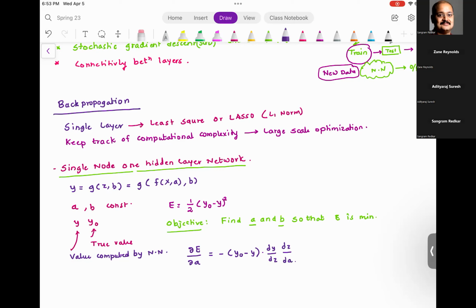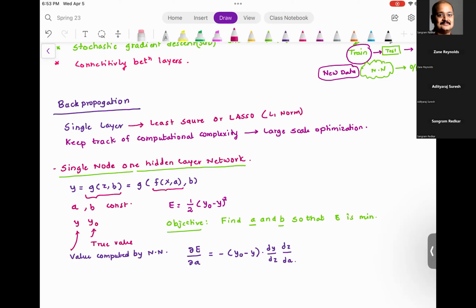Now this needs a little discussion, so please try to understand. Finally, your function is y is equal to g of z b, and z is nothing but this f of x.